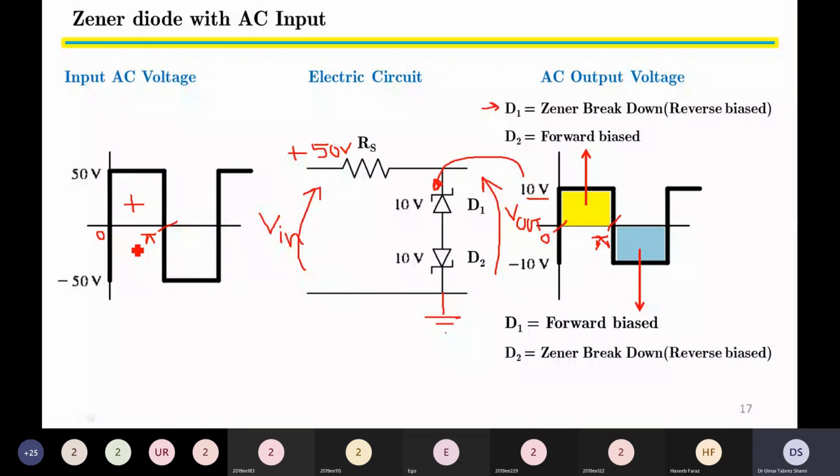Okay, so this was the discussion from 0 to pi. Now we are going to discuss what will happen during the negative half.